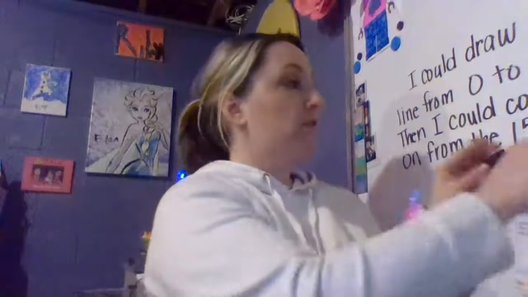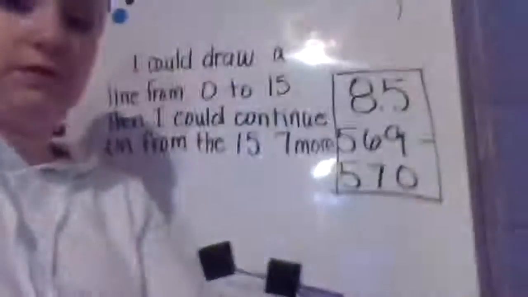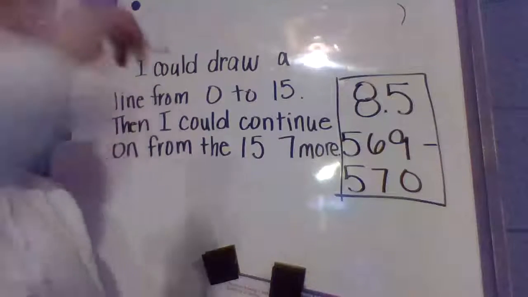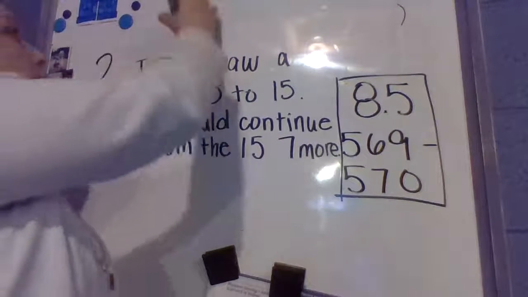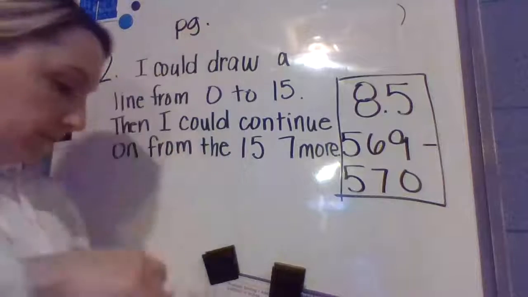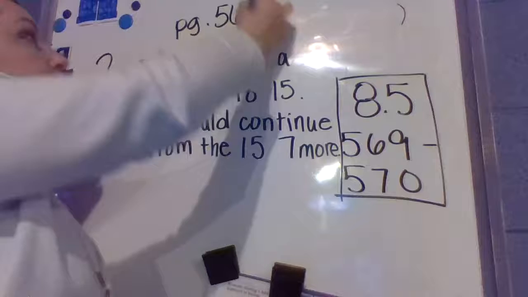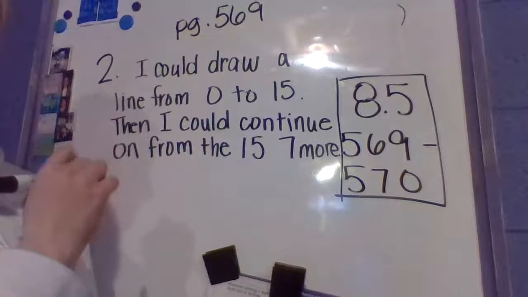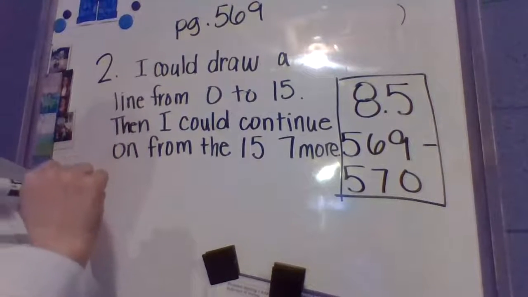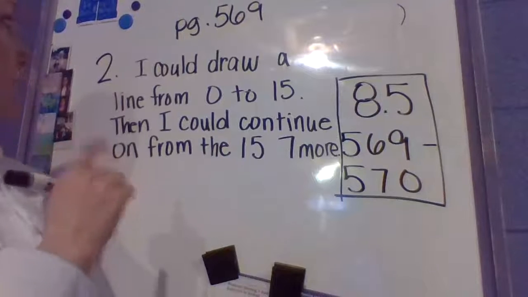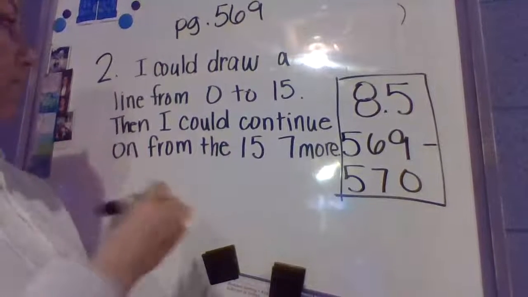So taking a look at it, I wrote it up on the board so you could see it really big. So this is the answer for number 2. And this is page 569. Okay. So on page 569, this is the answer for number 2. And so it says, I could draw a line from 0 to 15.